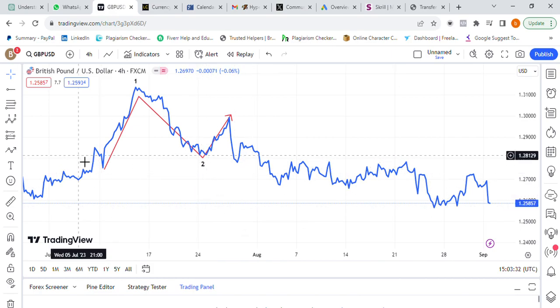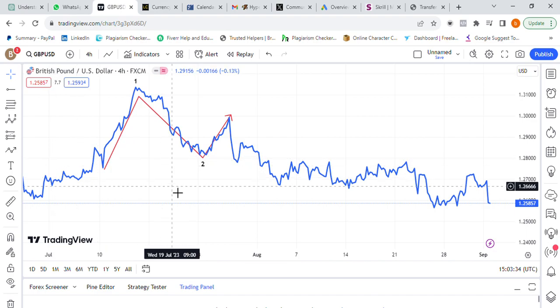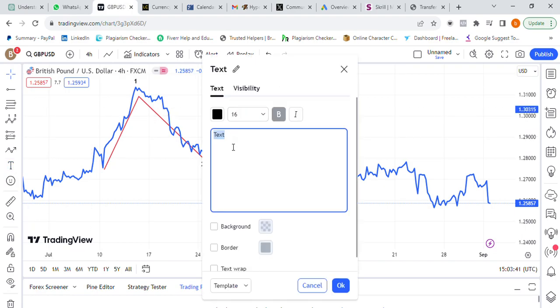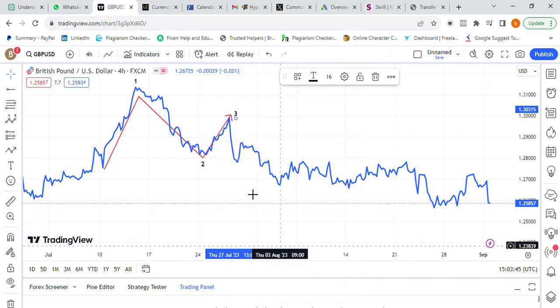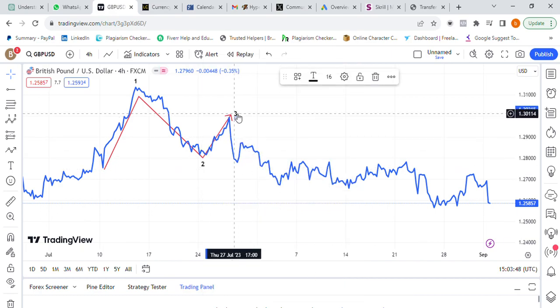Hope you're following. I believe you're following. No worry, it's just how you have to practice it. This is the third spot, which is your last leg of the market. Now this is it. This is the third spot, the last leg of the market.